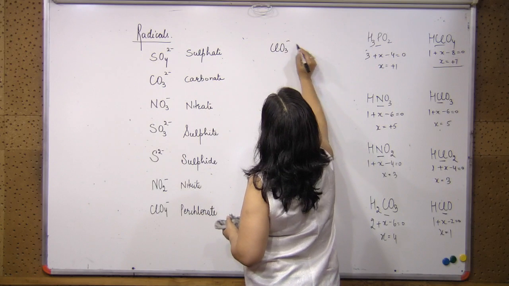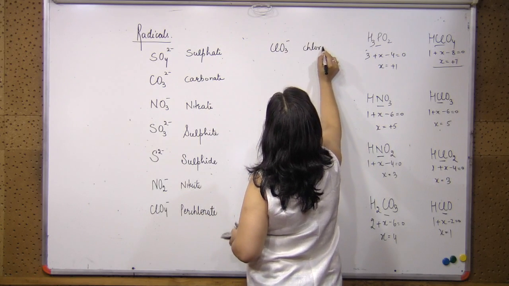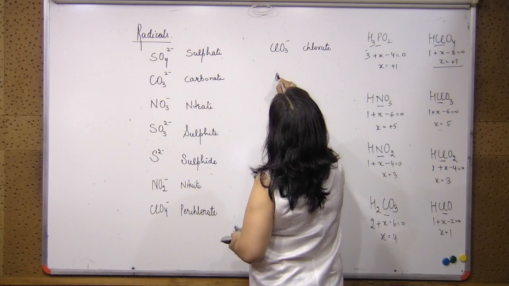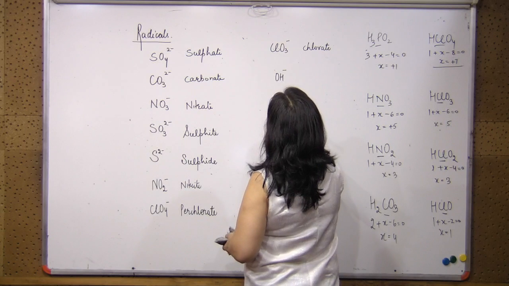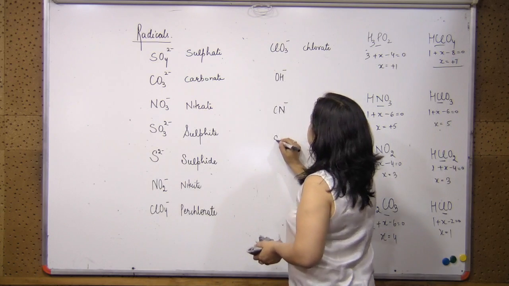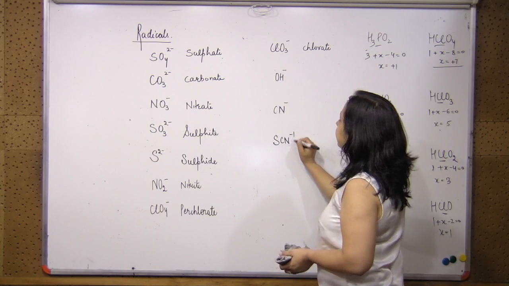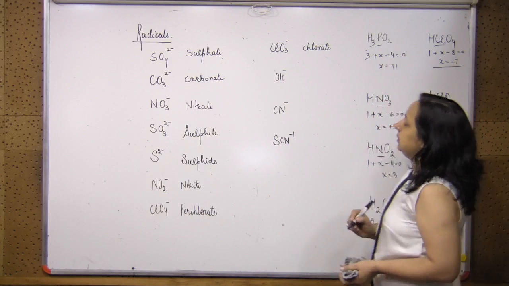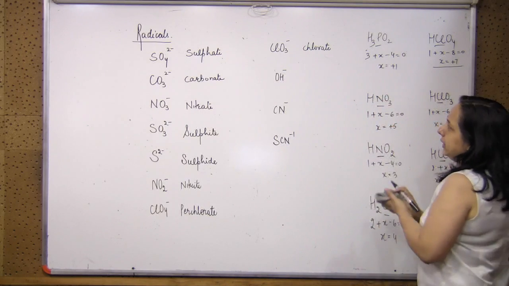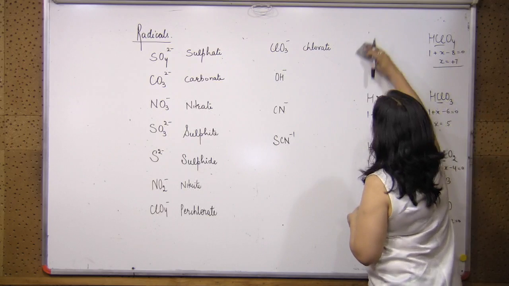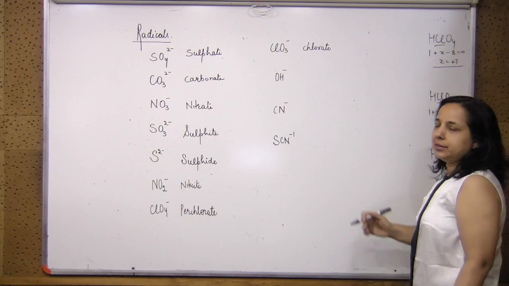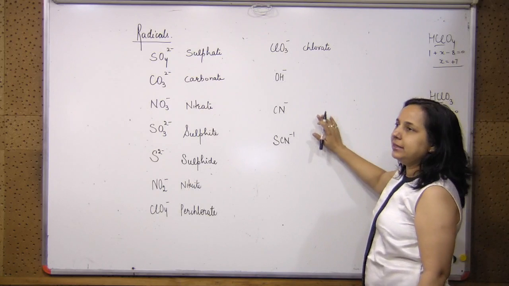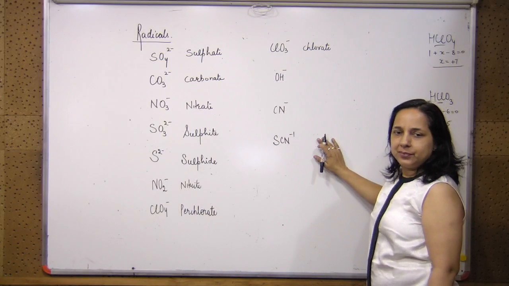OH 1 negative is hydroxide, you know very well. CN negative is cyanide. SCN 1 negative is thiocyanide. These are important ions, which must be known to us whenever we want to calculate oxidation number. Hydroxide, cyanide and thiocyanide. Right?